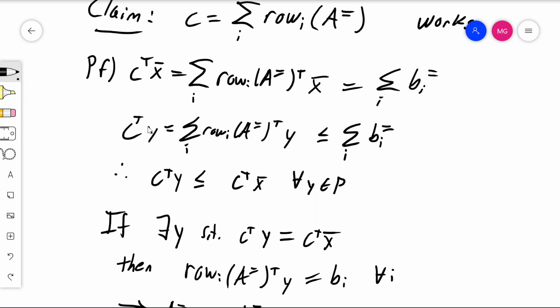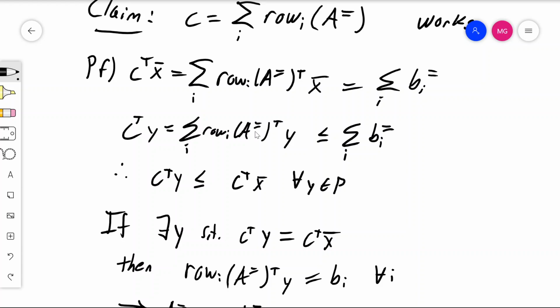Now, how about c transpose y for any generic vector y? It's not necessarily x bar. I haven't yet decided that y is distinct from x bar, it's just any vector y in the polyhedron. Well, it's the rows of that matrix transposed times y, and we just take the sum of those. Because A equality is a submatrix of A, this is a row of the overall matrix.